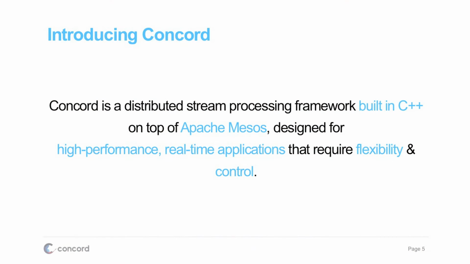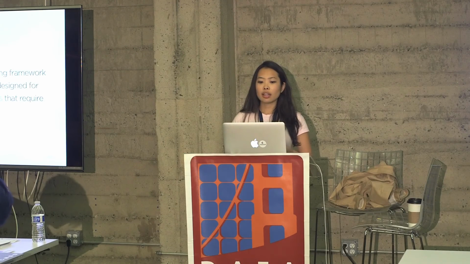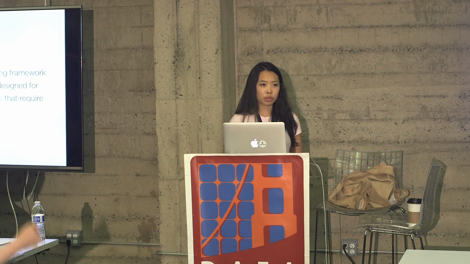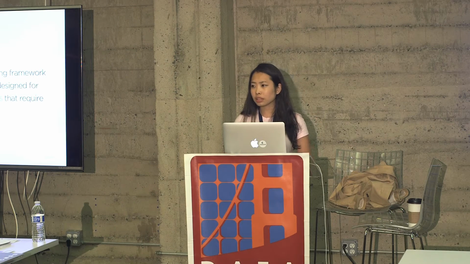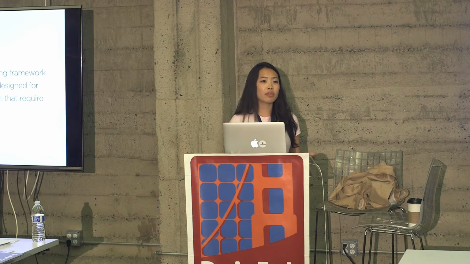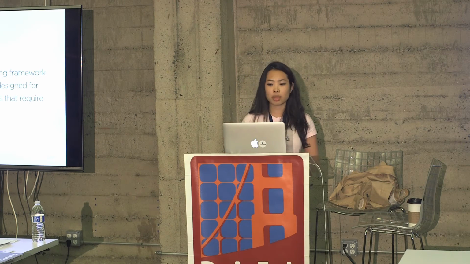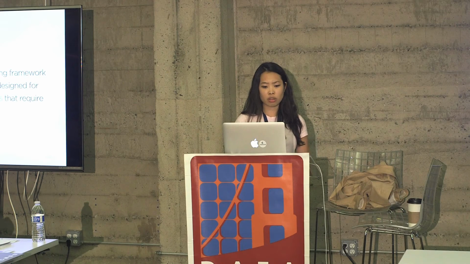So at a high level, Concorde is a distributed stream processing framework. We designed Concorde for high performance real-time applications that require flexibility and control. Currently, the core of Concorde is written in C++ as a Mesos framework. We have a very tight integration with Apache Mesos, which I will go into in a minute.